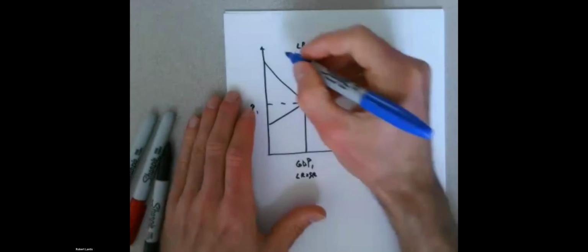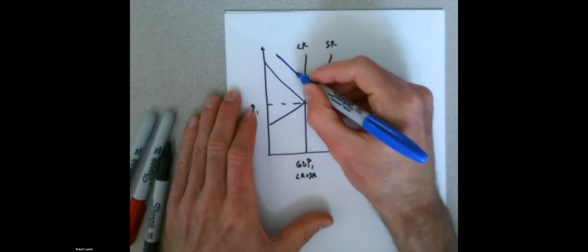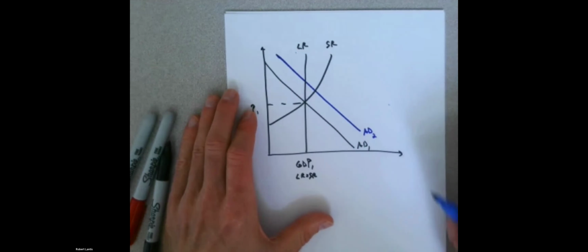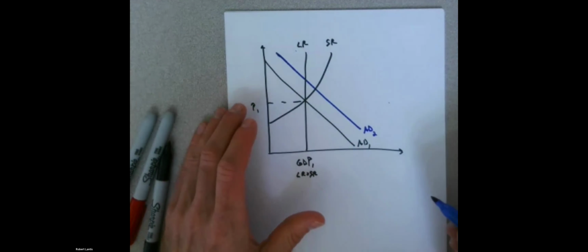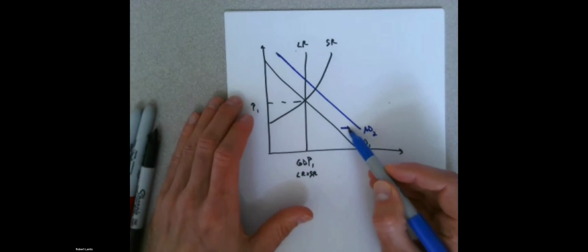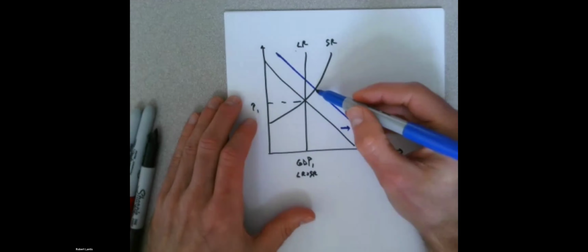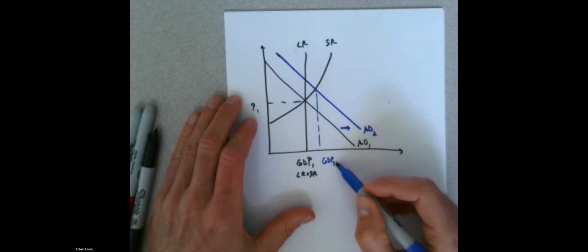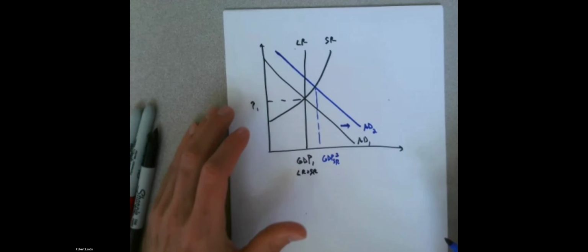If I decrease my taxes, the initial impact on aggregate demand would be that it increases aggregate demand, right? So what's that going to do? It's going to cause my short run GDP to go up, right?